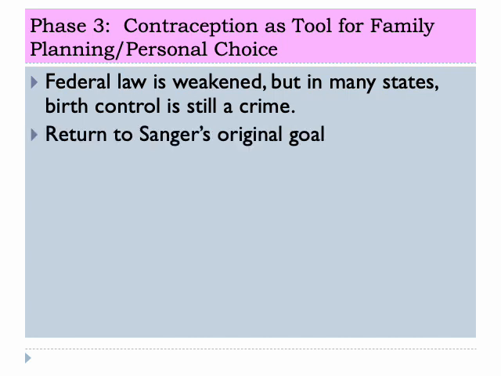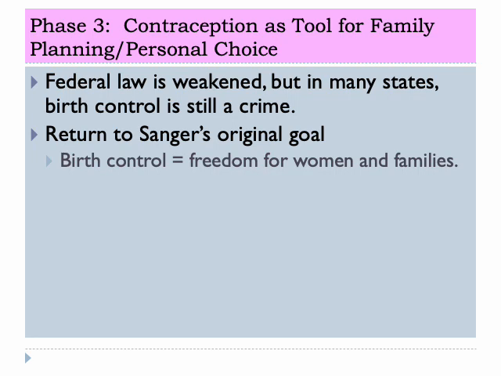And so at this point, we sort of see a return to Sanger's original goal. That is that birth control equals freedom for women and families. As it says there, that sort of brings us into this phase 3, that contraception is a tool for family planning and personal choice.